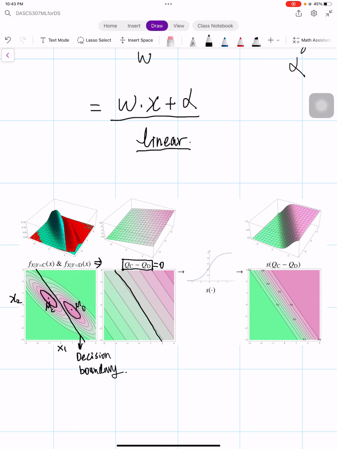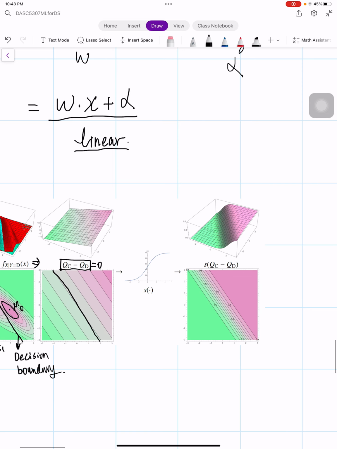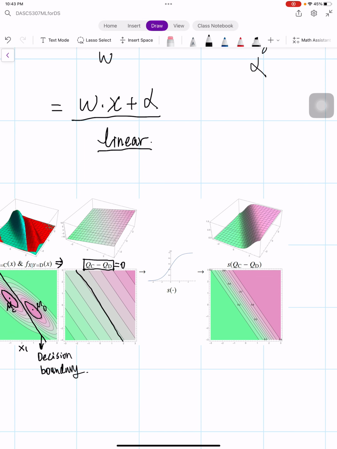After you apply the logistic function, we can find that probability equal to 0.5 is this line. For any point, if it falls here, we can say this point will be classified as class C with some probability.